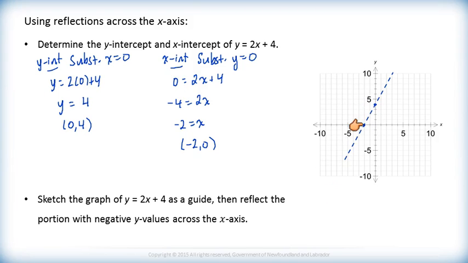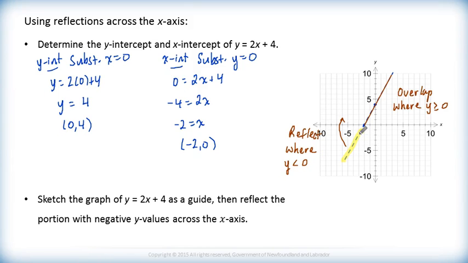So those 2 points are enough to give me the sketch of that graph. I know any part that's already positive stays positive, so my absolute value graph will overlap that. So I have overlap where the y values are already positive, and we reflect where the y values were negative. In other words, where y is less than 0.